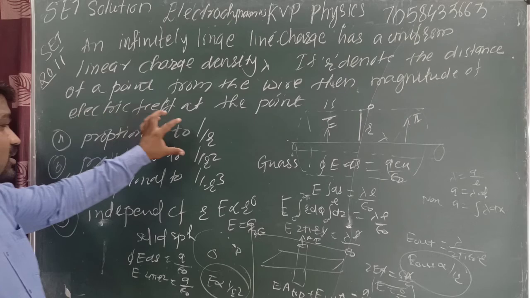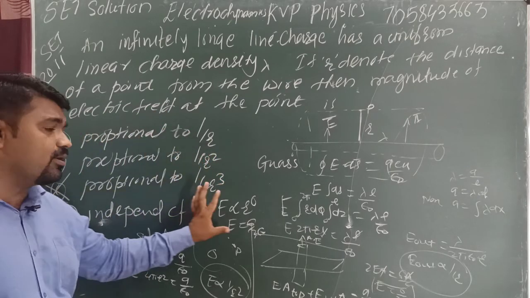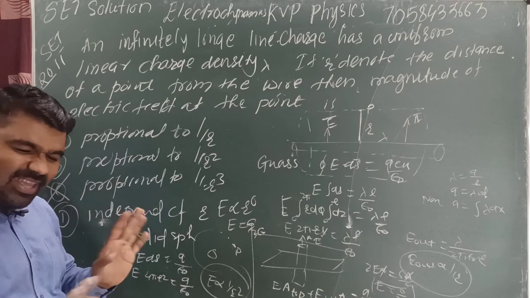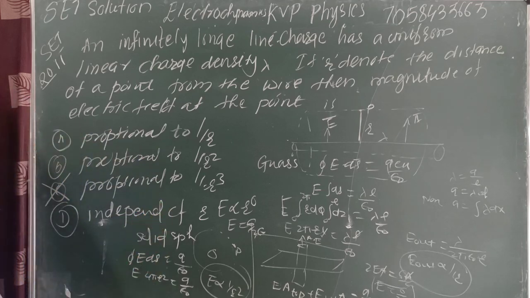This is possible for line, this is possible for solid sphere, this is possible for plane. Got it? This is not possible for any case. These are all cases for outside only, not for inside the system.